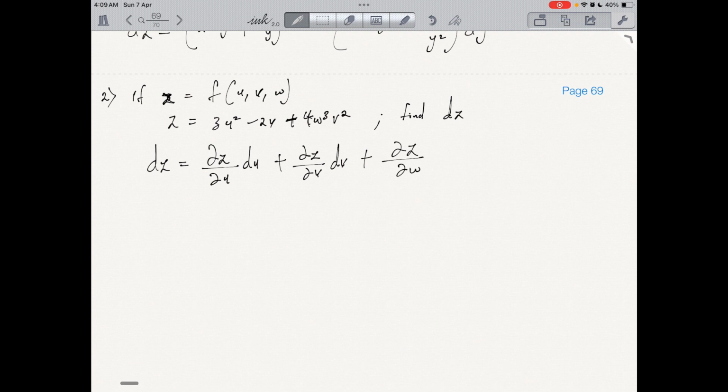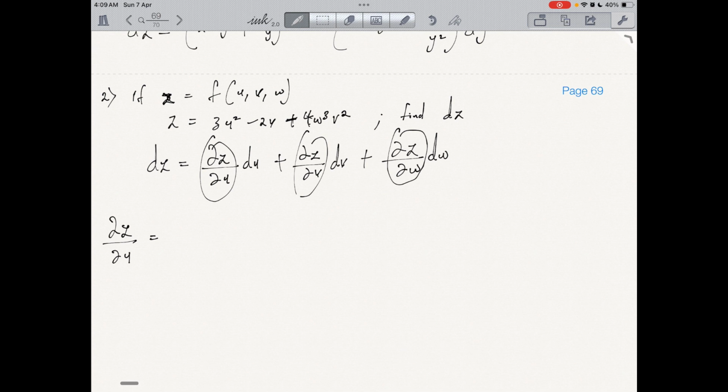w multiplied by dw. So all we are going to be looking for is dz/du, dz/dv, and dz/dw. So let's begin with dz/du.